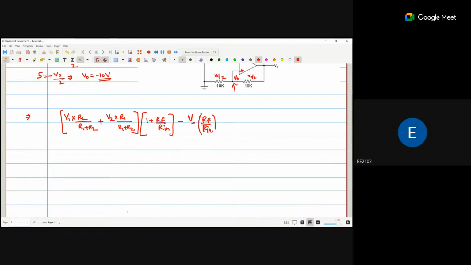That is for two resistances. I think we solved it in the last class.